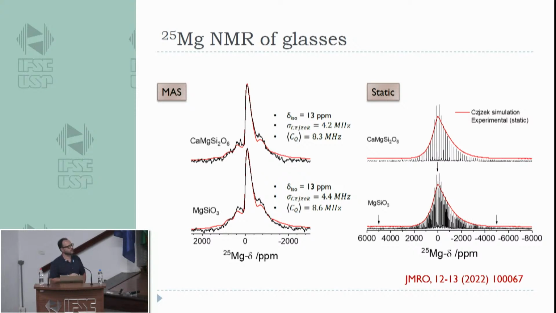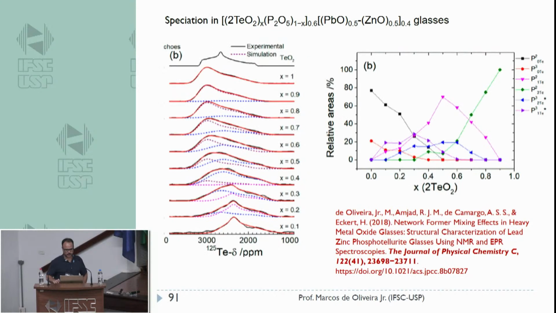For magnesium, the abundance is too low. You would always need isotopic enrichment to do measurements. But I will show in the end some techniques that we can also use to enhance the signal of some quadrupolar nuclei. So this is an example for tellurium.